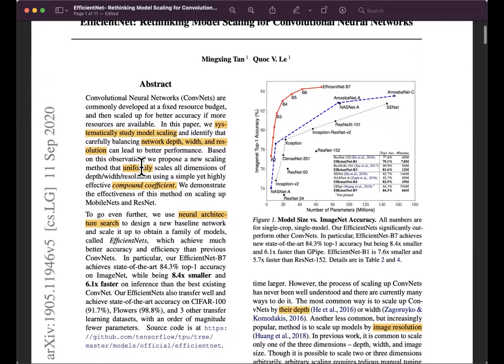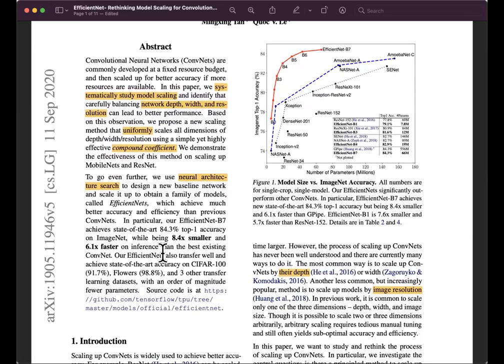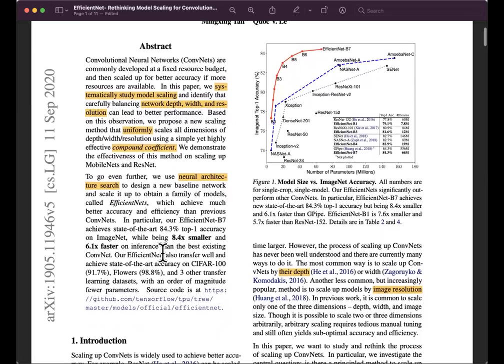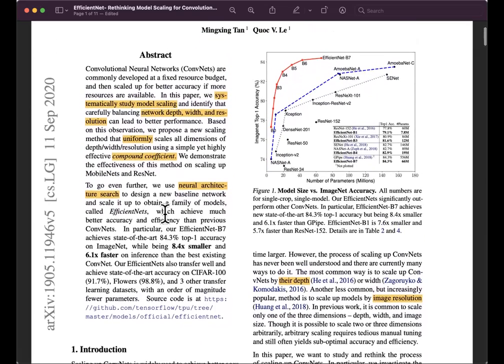They propose a new scaling method that uniformly scales all dimensions of depth, width, and resolution using a simple yet highly effective compound coefficient. Further, they use NAS to design the baseline.